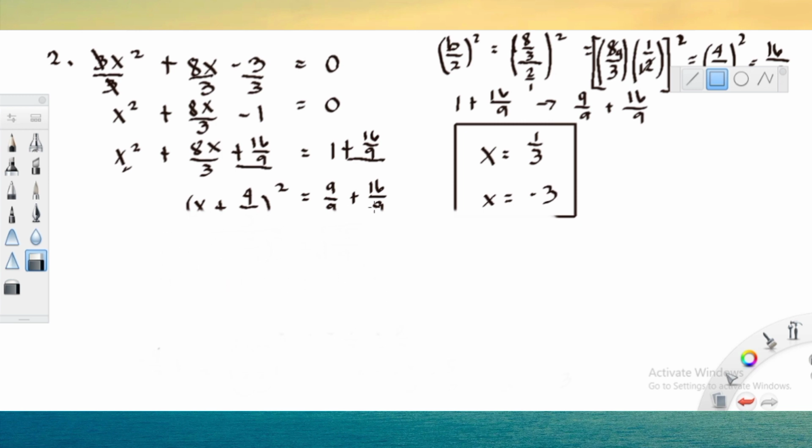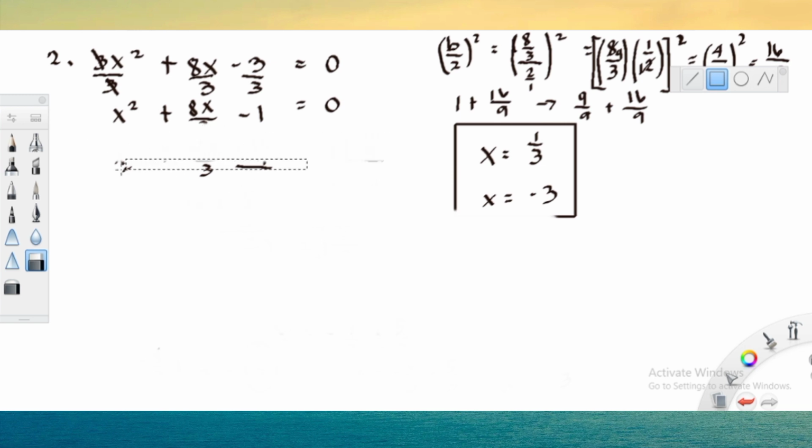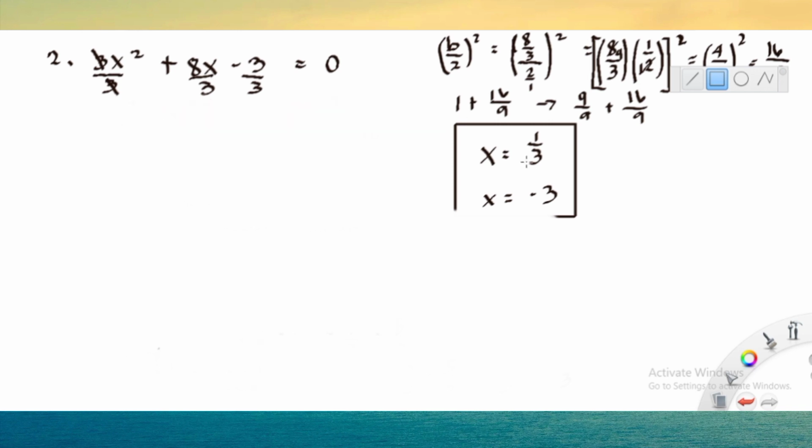So, sige, tanggalin na natin to. Tanggalin, sorry, nabura. Tanggalin na natin to. Okay, I think pwede na yan. So, again, let us check. Check natin yung answer natin. Check natin kung tama ba yung ating sagot.